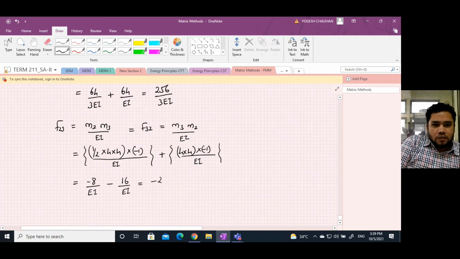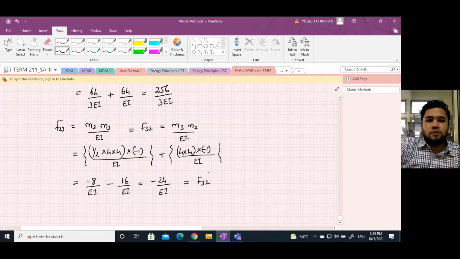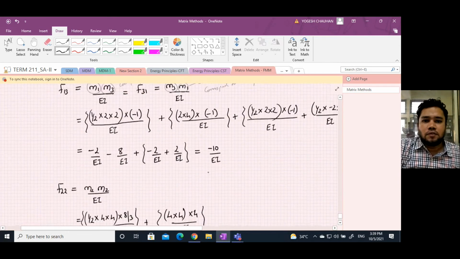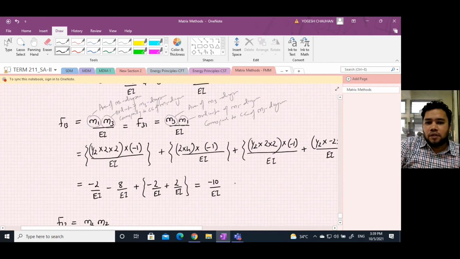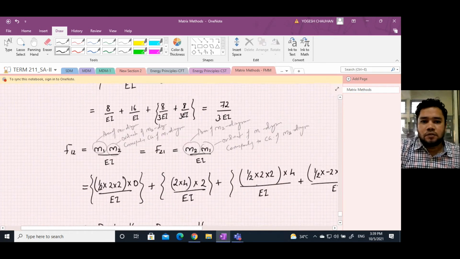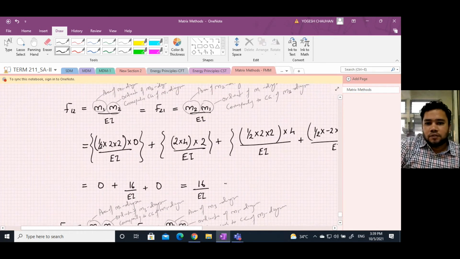Total will be -24 by EI, and it will be same as F32. Okay, same way this will be same as F31. This will be same as F21.